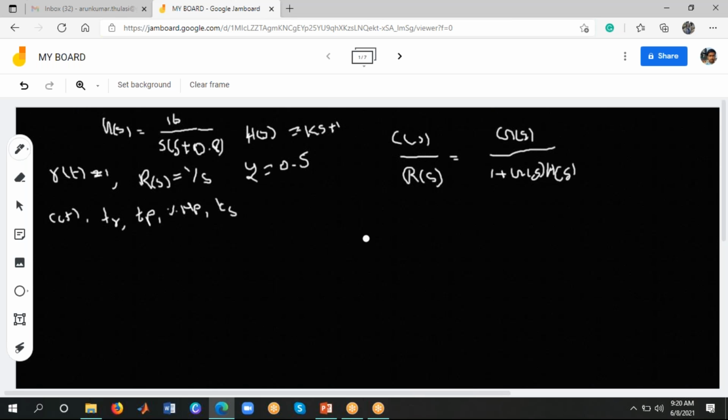So this is the transfer function. Now I'm going to substitute this G of s and H of s in this transfer function. Let me see what you will get for C of s divided by R of s.